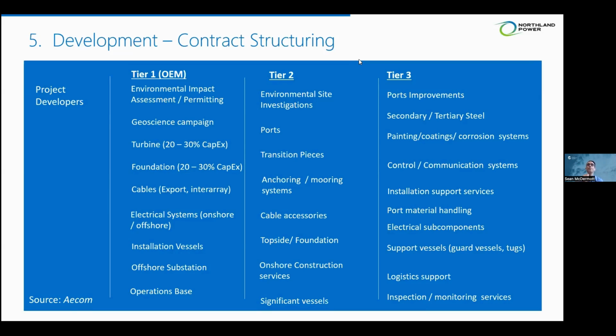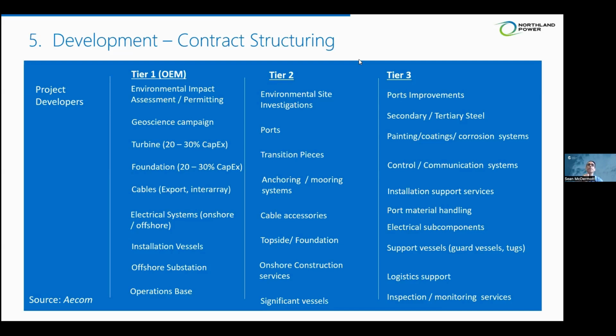So project finance led projects offer a smaller lender group or a smaller contract group, in which we would enter into contracts with the tier 1 suppliers here, and then those tier 1 suppliers would enter into contract or subcontract agreements with suppliers in tier 2, tier 3.